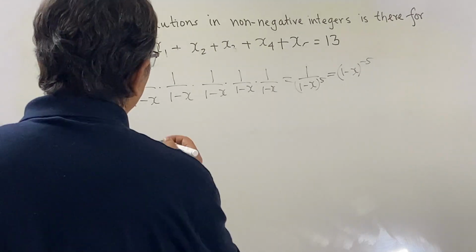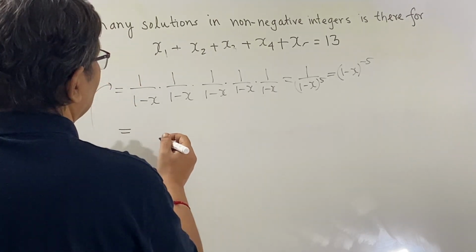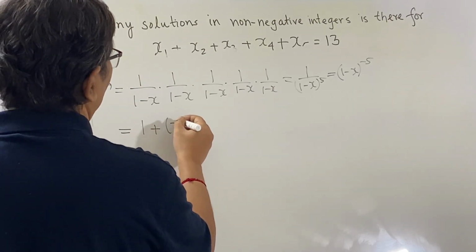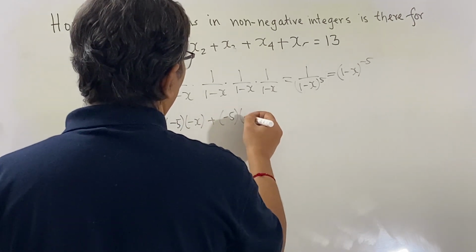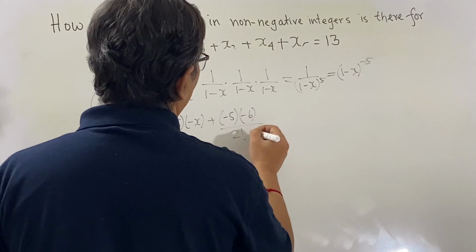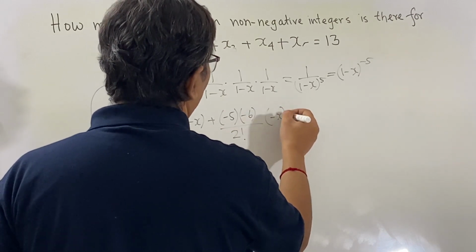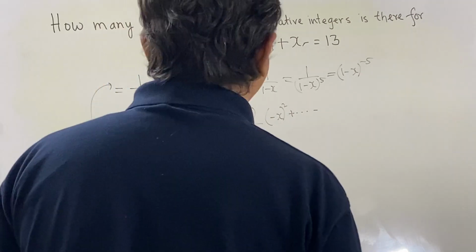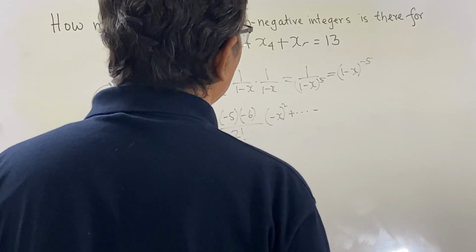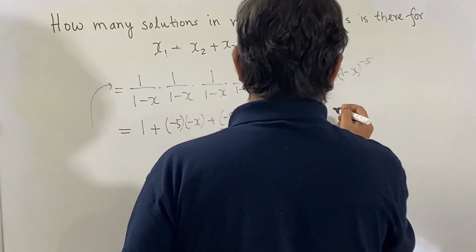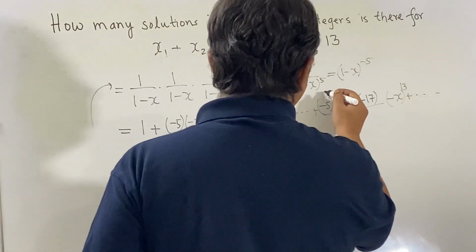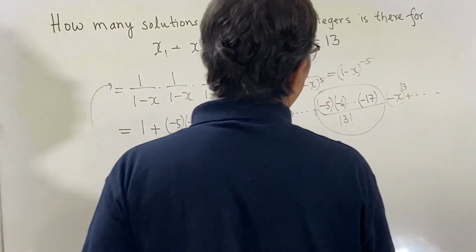Now, by the binomial theorem, this is 1 plus (minus 5) into (minus x) plus (minus 5) into (minus 6) by 2 factorial into (minus x) squared, etc. And the term corresponding to x to the power 13 is the term that we are interested in.